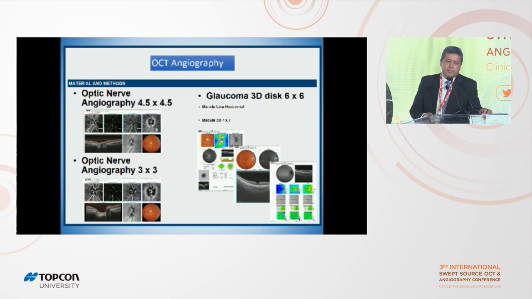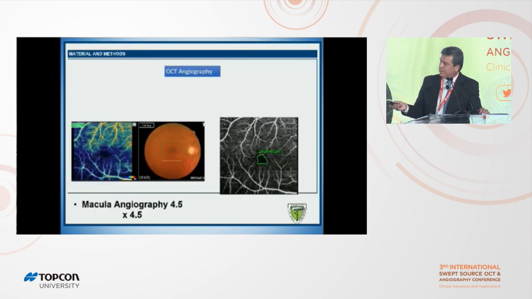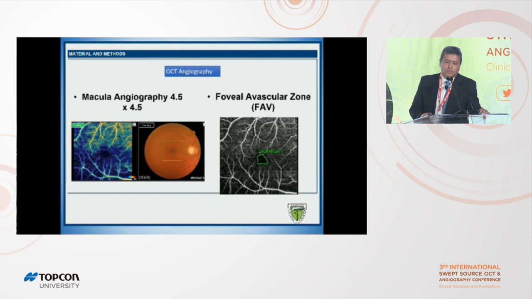This is the OCT angiography protocol for the optic nerve head, and this is what we perform for OCT angiography for those glaucoma patients. We try to measure the foveal avascular zone. The person who was in charge of making the measurements was masked to which group the patient was in.